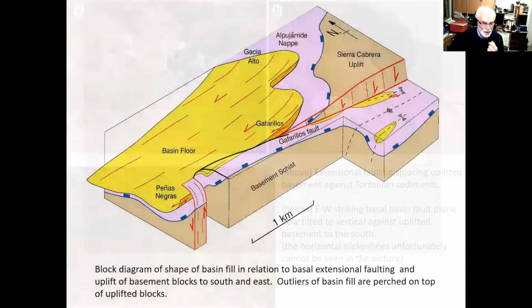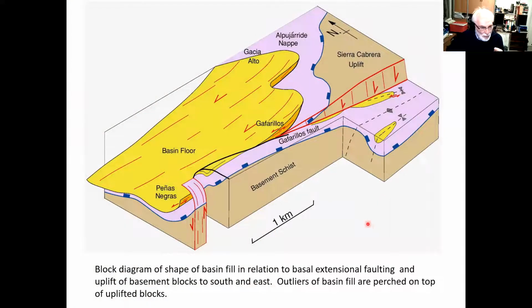And this next picture is another one of my block diagrams, hoping to clarify the geometry of what's going on. This yellow area in here is basin fill, Tortonian basin fill of the Sorbas Basin. Here is the uplifted basement block, and this is the detachment surface, which is allowing all this stuff to slide down into the basin. There are differential uplifts to be seen between different parts of the basement.